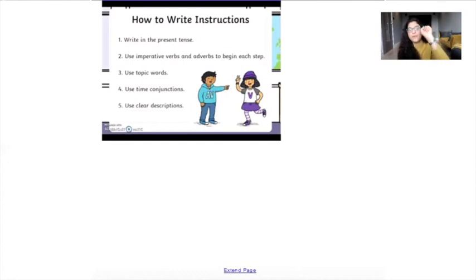And then lastly, number 5, use clear descriptions. So make sure that you are being as detailed as possible in your instructions, but also make sure that you're being really obvious. You have to imagine that the person who is following your instructions does not have a clue about how to follow what you are telling them to do. So you have to be as clear as possible.